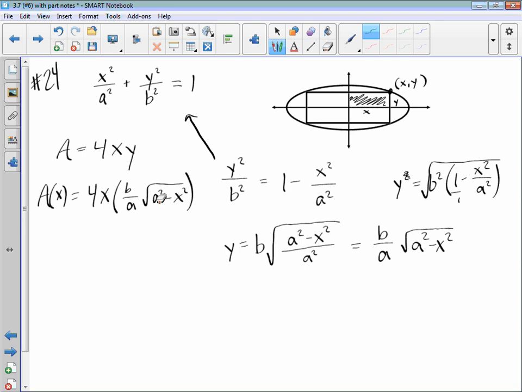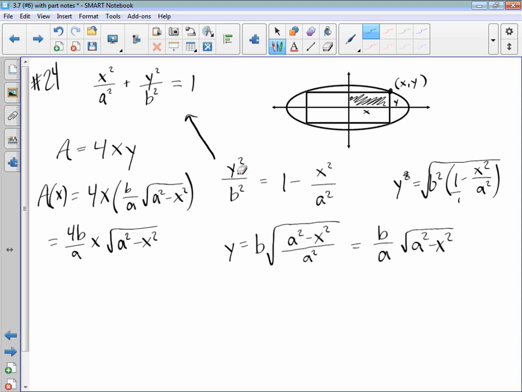So being my b over a is a constant, I'm just going to lump it with the 4 just to make it a little bit more concise here. So I have 4b over a times x, and then times the square root of a squared minus x squared.